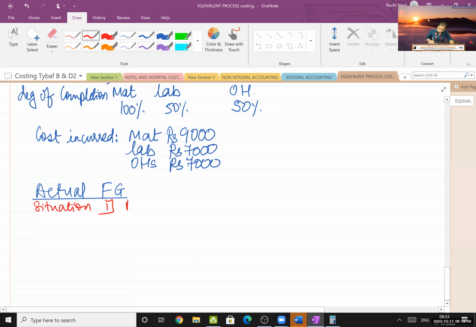We'll first solve with normal loss 500 kgs. Then we will take abnormal loss, and then we will take abnormal gain.